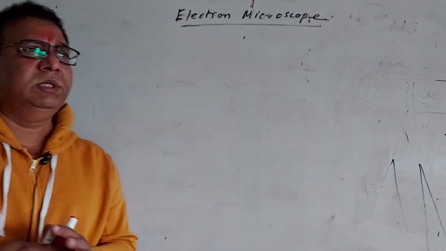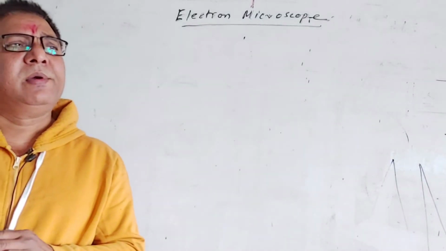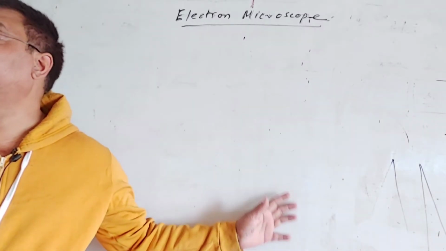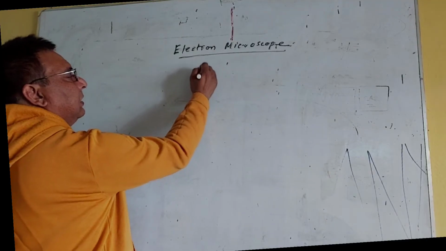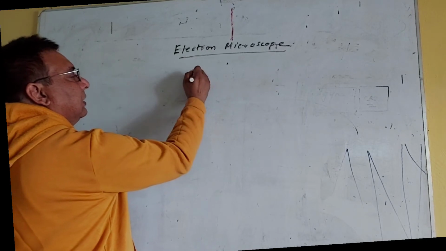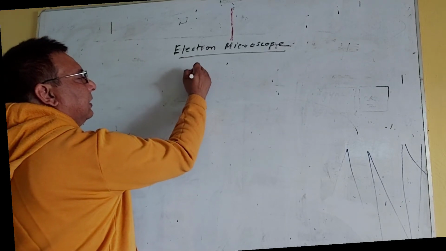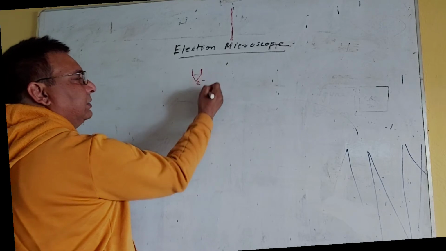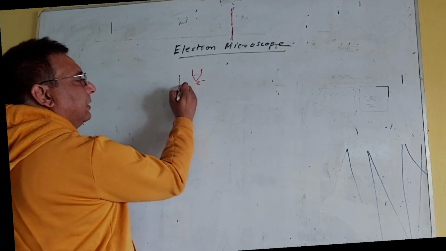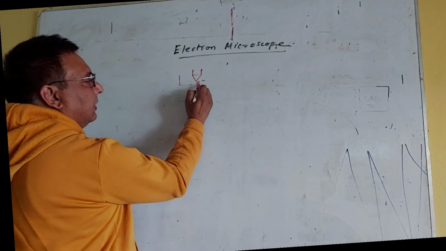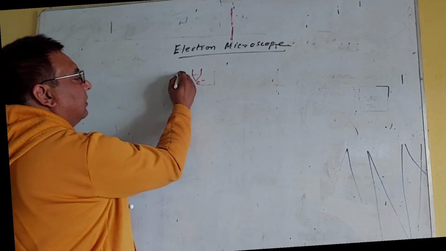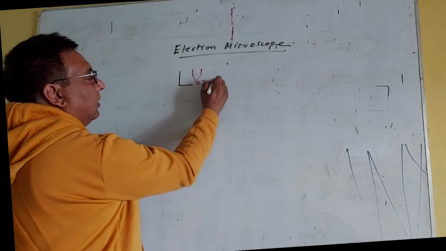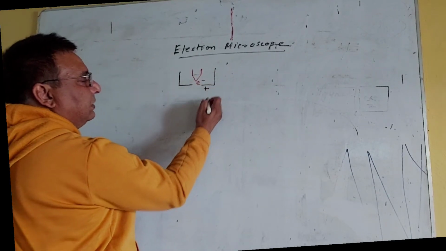So now see what is the instrumentation for TEM and SEM. Here, this is the tungsten wire that is generating electrons, and that is passing through an anode.